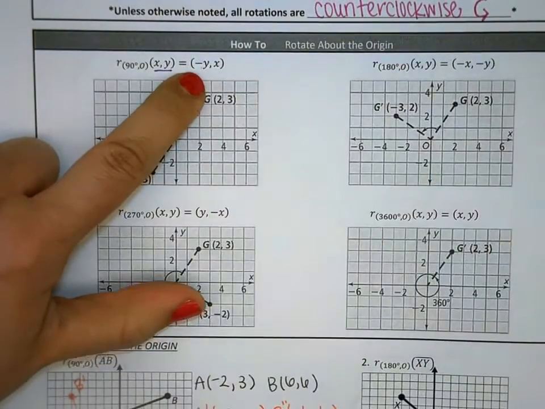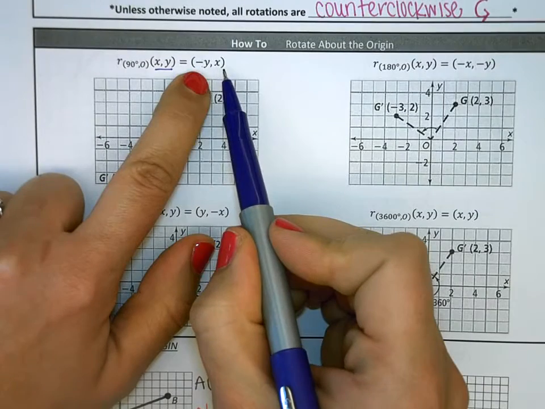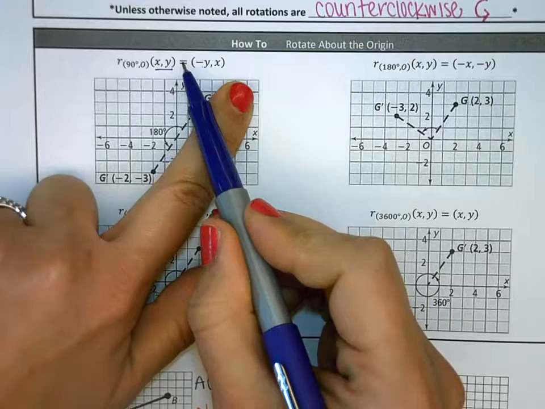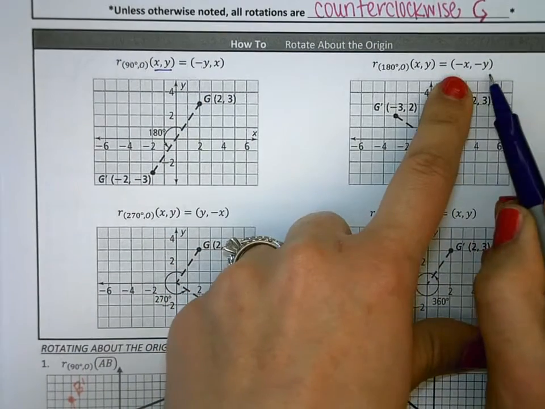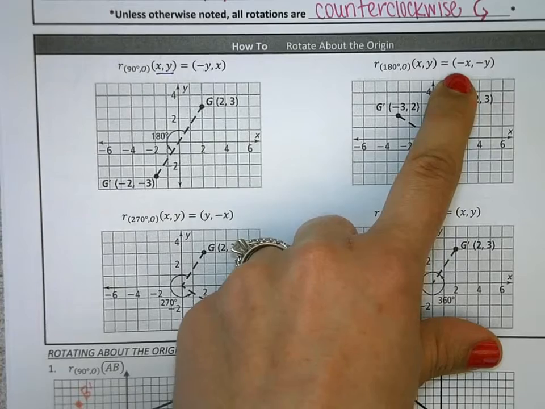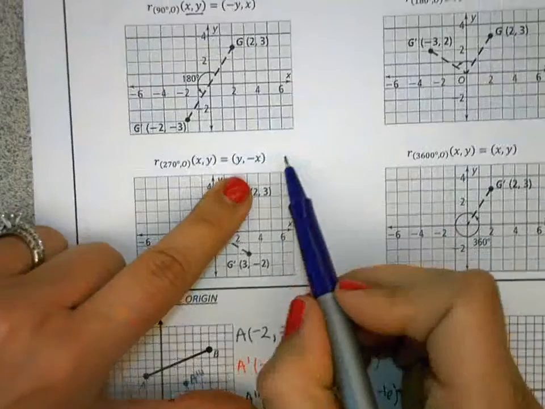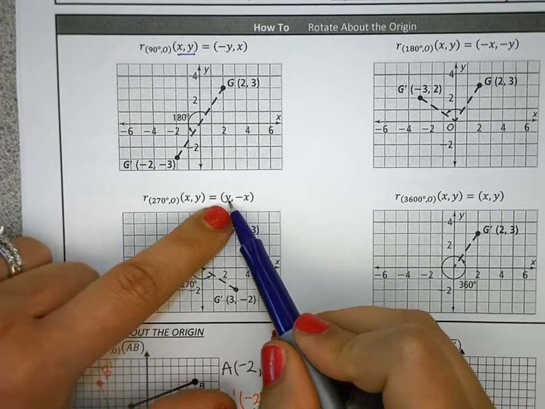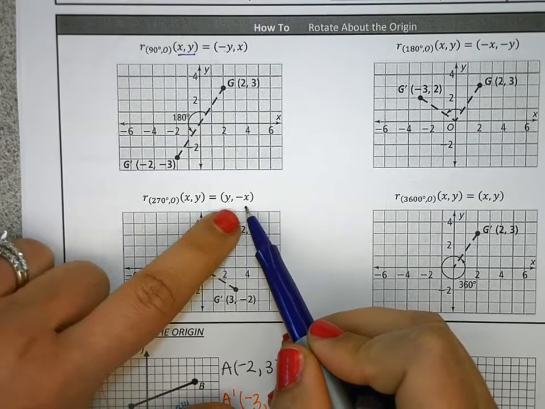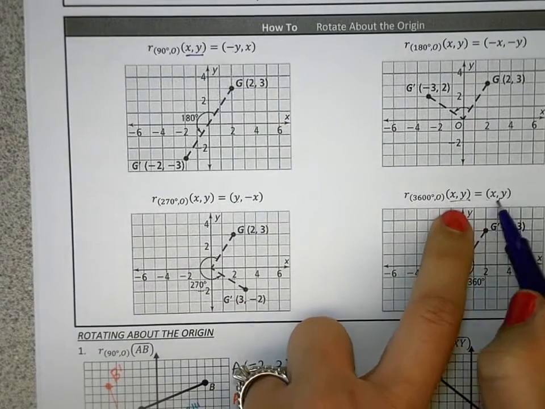If we rotated again, 180 degrees, these flip-flopped again, and we ended up with two opposites, but everything was in the correct spot. If we did it one more time, now the y was what it originally was, but the x was still opposite. And if we did it one more time, everything turns out to be what it started as.